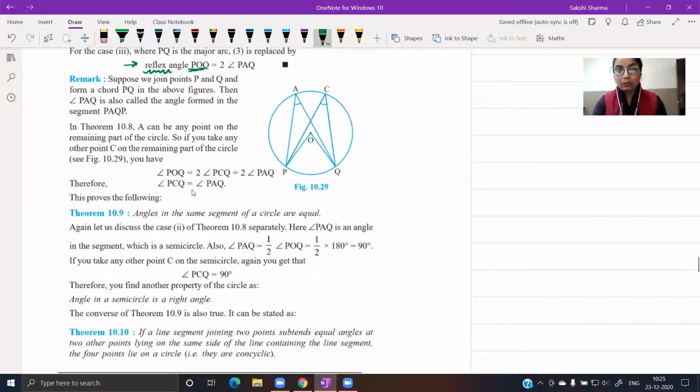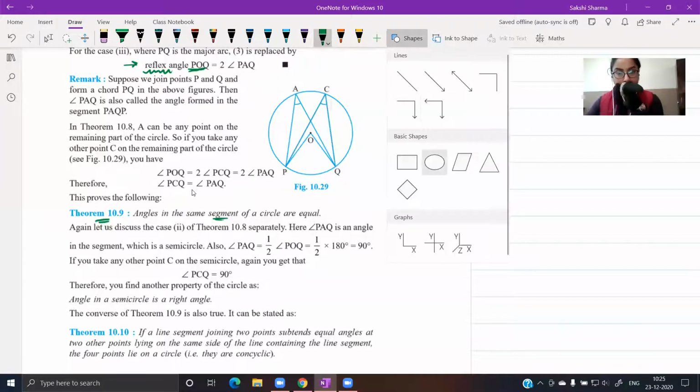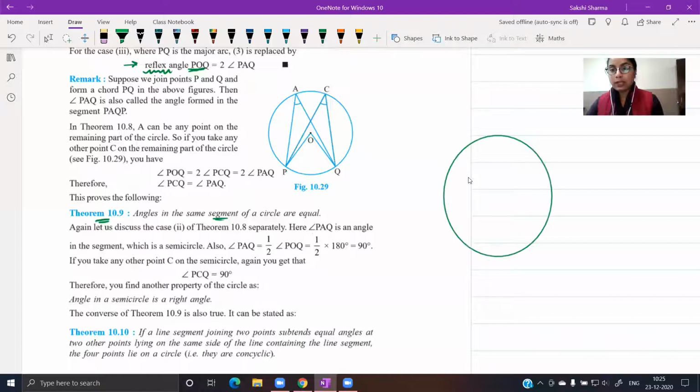Next result, very important. Theorem 10.9, repeatedly used in application-based questions. Angles in the same segment of a circle are equal. Now here the segment actually means the part of the circle which is obtained when you draw a chord. So if you have a circle and there is a chord for the circle, let's say the chord is PQ.